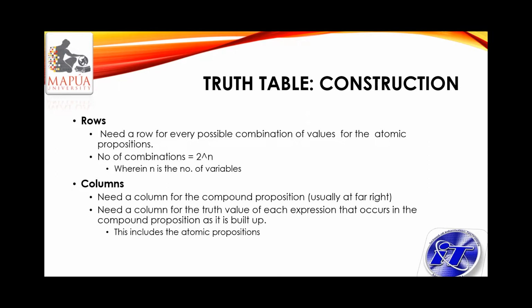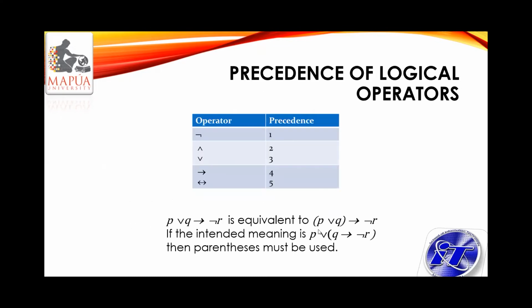While for columns, it shows the result when we evaluate the variables with the operators. The number of operators determine the number of columns. So when we evaluate the equation, we follow a certain hierarchy. Like in algebra, we have MDAS rule.